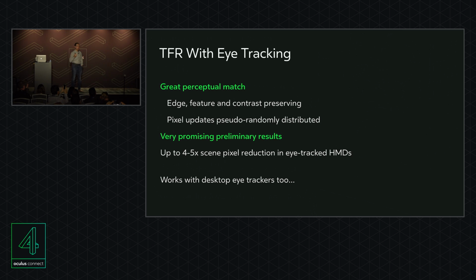We've played with the technique in eye-tracked headsets, and it gives us very promising results. On the base passes, we are able to achieve maybe 2 to 4 times pixel reduction in the headset. Of course, the technique would work with desktop eye trackers as well. We've played with those, and it seems like a very promising technique for the various scenarios we want to target.